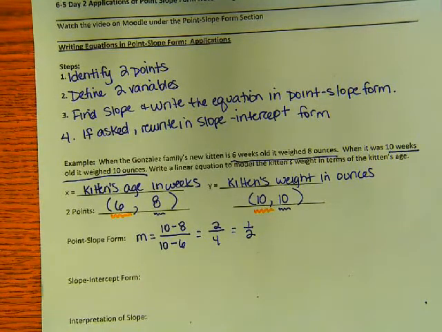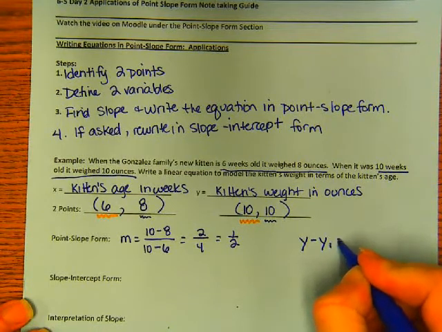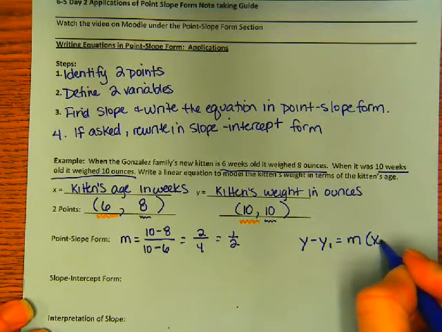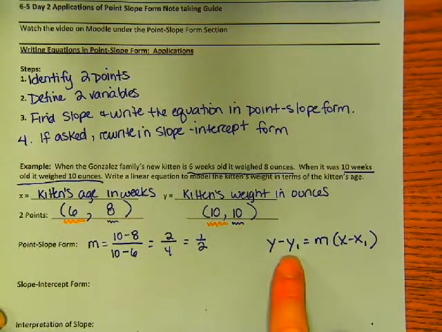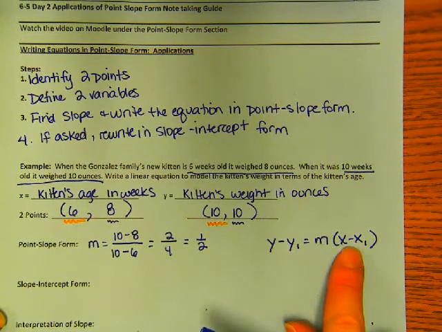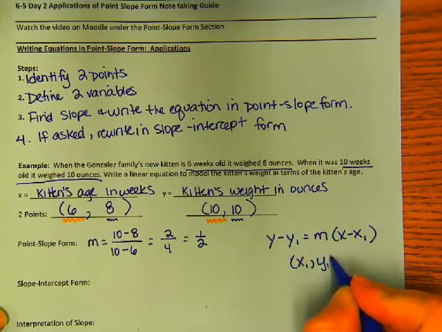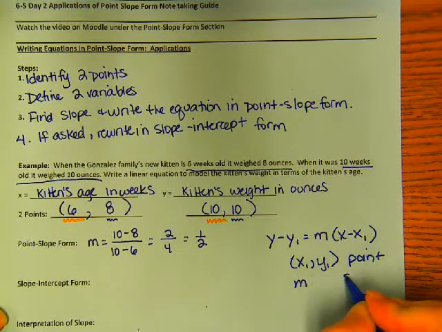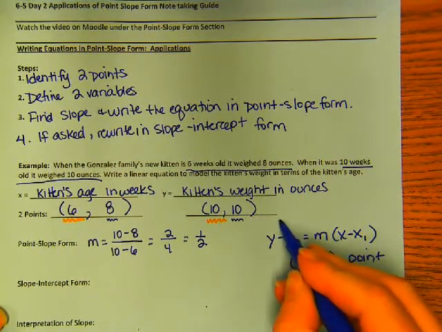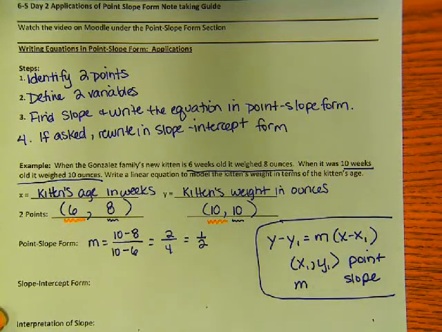I'm going to put that in point slope form. And if you recall, you might want to write point slope form down again. Point slope form is y minus y sub 1 equals m times x minus x sub 1, where x sub 1, y sub 1 is a point, and m is our slope. So in this case, we can pick either of our points. It does not matter.